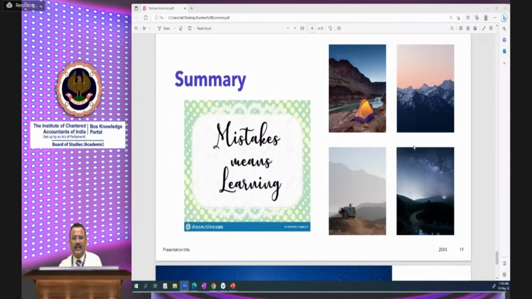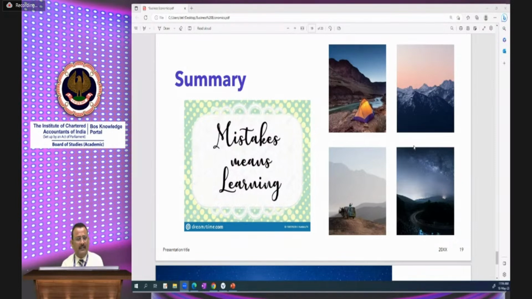Try to prioritize what you want to study. We suggest you focus on the study material suggested by the Board of Studies. Most of the aspects asked in the examination are very much elaborated in the module or the course curriculum prescribed by the Board of Studies. So focus on that, and try to remember the distinction between the different concepts.